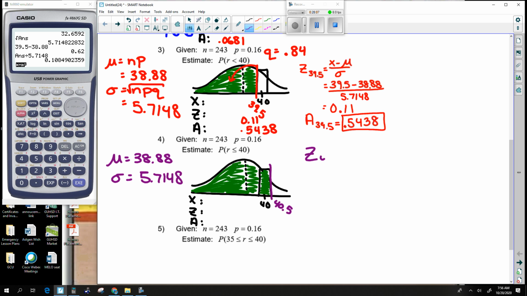So for the z-score, I'm investigating 40.5 in this situation.